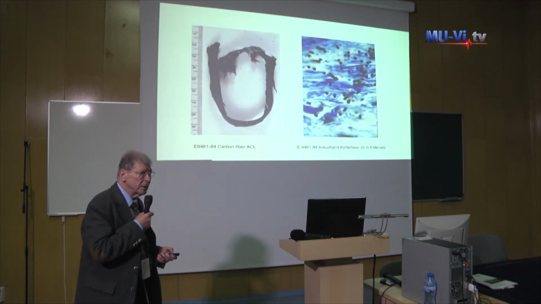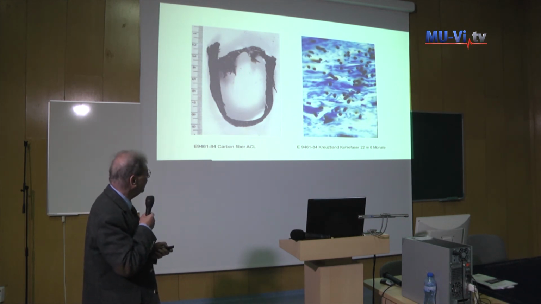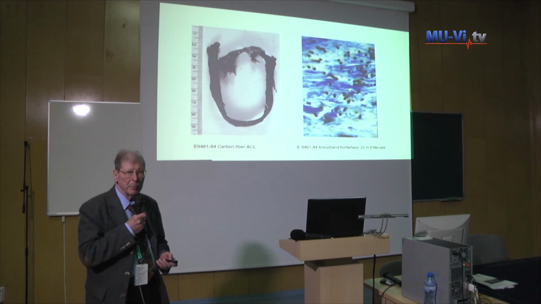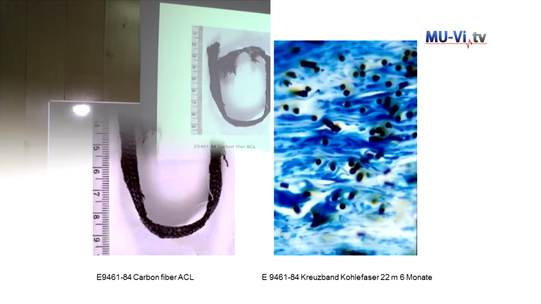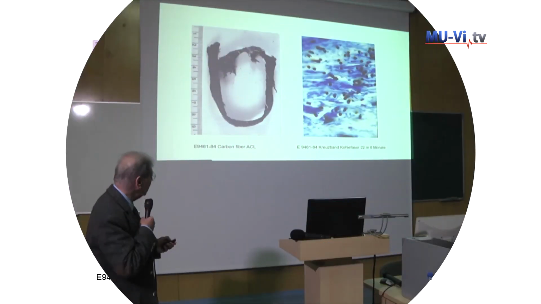The problem, especially for young people, is the rupture of the cruciate ligament. These are mostly people doing sports very roughly. And for example, here you see the reaction around the carbon fiber replacement of the anterior cruciate ligament.